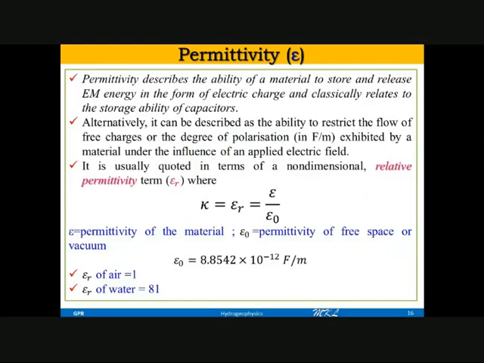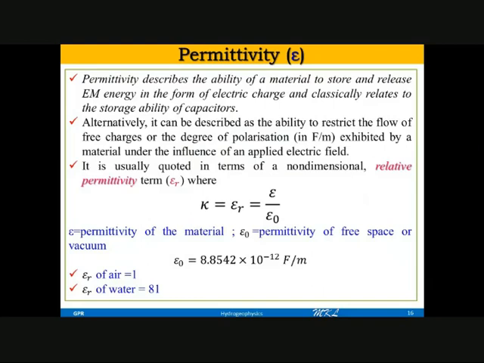You cannot apply direct current to electrical appliances, so there are complicated electrical circuits, and among them a dielectric capacitor is there to control the fluctuation of the current flow in that appliance. These are complicated things, but for your sake, permittivity basically describes the ability of the material to store and release EM energy in the form of electric charge.